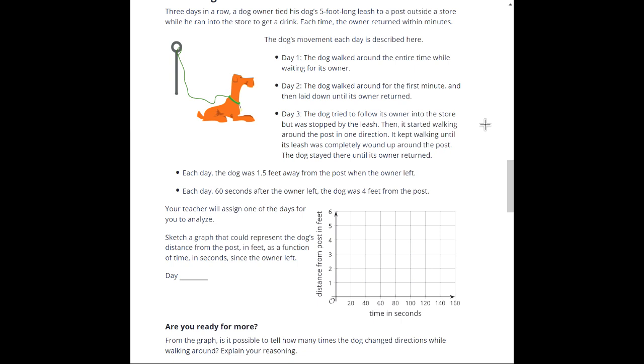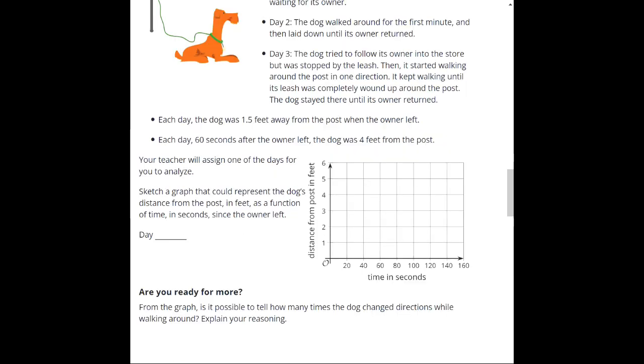So the time in seconds along the x-axis, okay, this is called our independent variable. And up here on our y-axis, we have distance from post, and that's going to be our dependent variable. Okay, so the distance depends on the amount of time that has passed. So let's go ahead and take a look at these graphs.